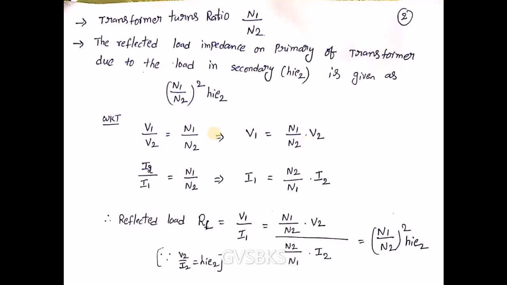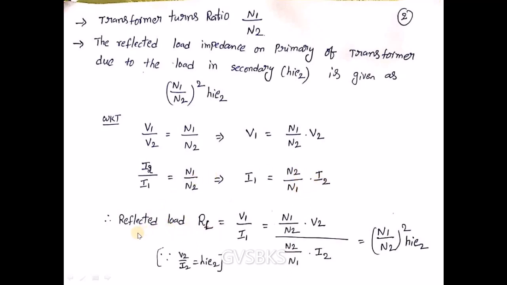Similarly, for current ratios, N1 by N2 is equal to I2 by I1, where I2 is the secondary current and I1 is the primary current. So from this we can write the primary current I1 is equal to N2 by N1 into I2.